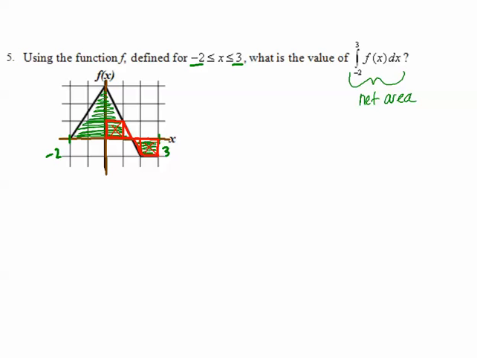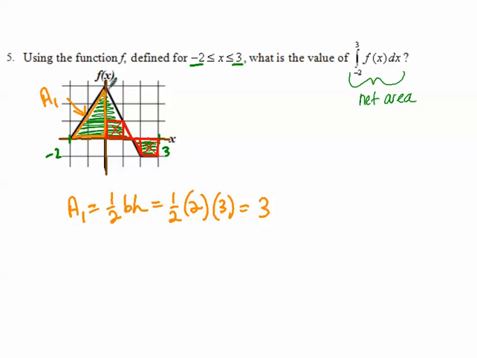So really, I only have to find this area in here. So let's call that area 1. Triangle, 1/2 times base times height, so that's 1/2, 2 units by 3 units. So that's an area of 3 units.